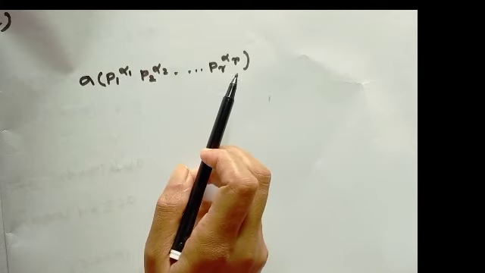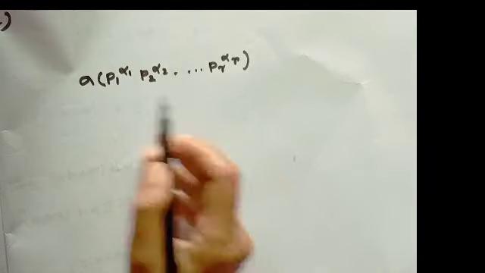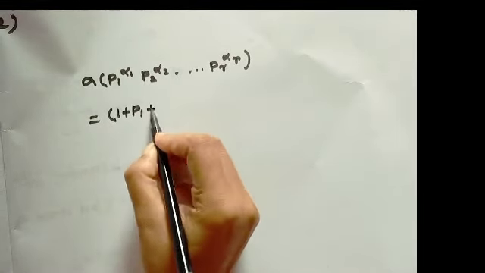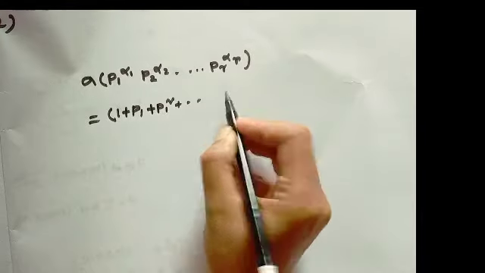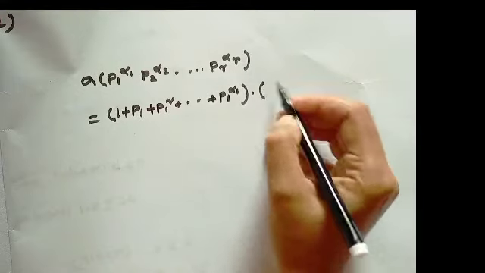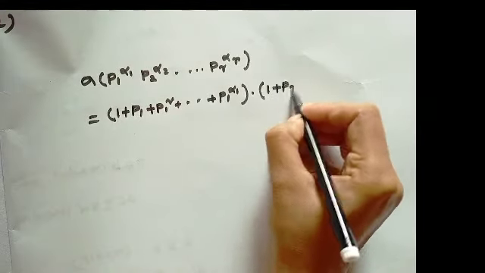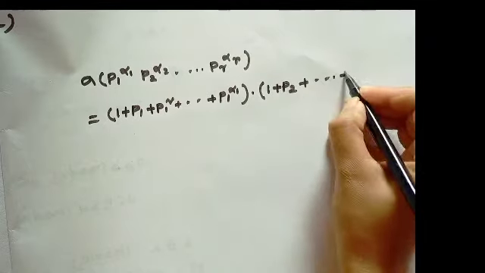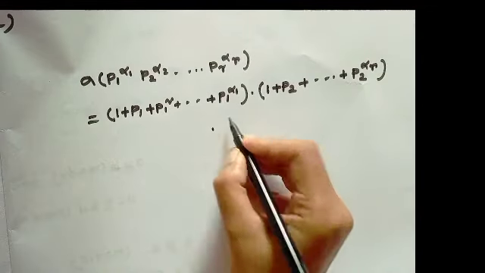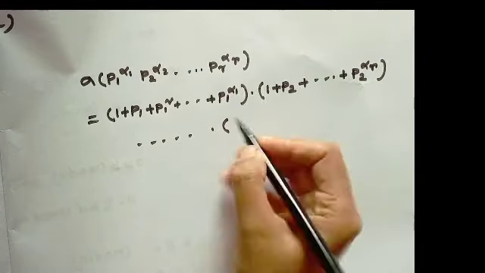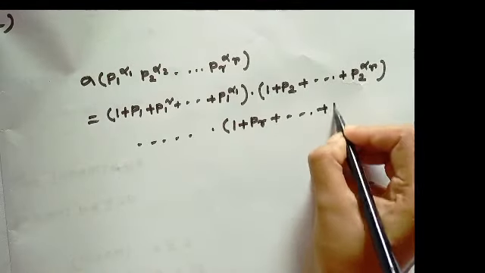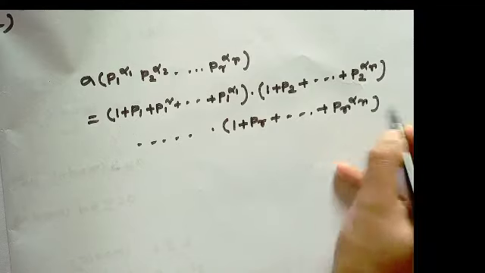Okay, this will be 1 plus p1 plus p1 square up to p1 to the power alpha 1, times 1 plus p2 plus up to p2 to the power alpha 2, times up to 1 plus pr plus up to pr to the power alpha r.